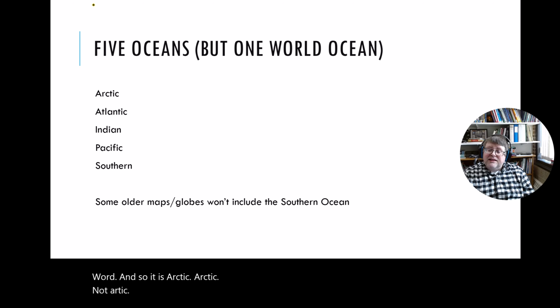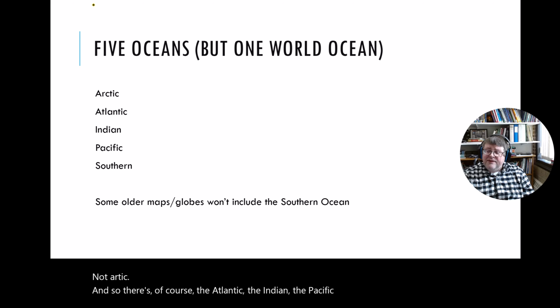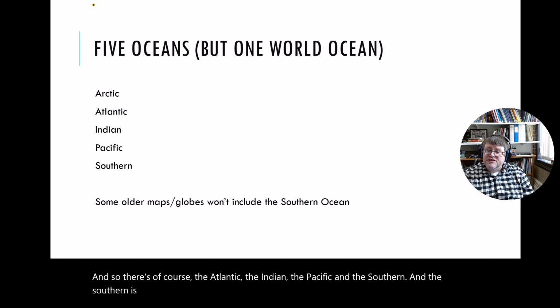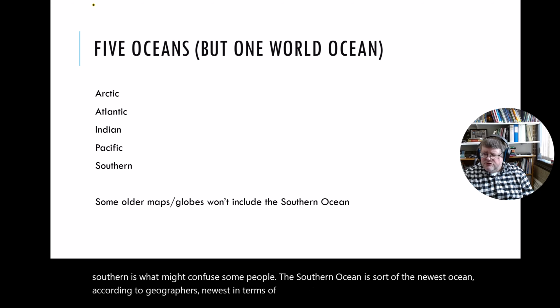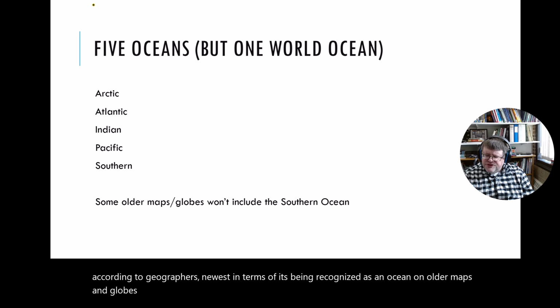And so there's then, of course, the Atlantic, the Indian, the Pacific, and the Southern. And the Southern is what might confuse some people. The Southern Ocean is sort of the newest ocean, according to geographers, newest in terms of its being recognized as an ocean. On older maps and globes before 2000 or so, the Southern Ocean was not indicated.